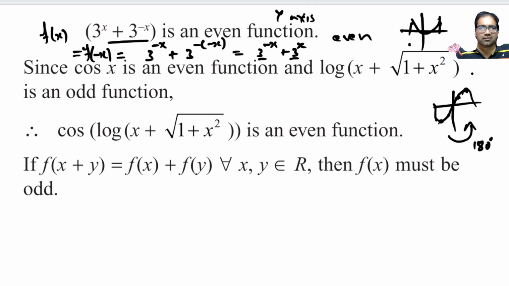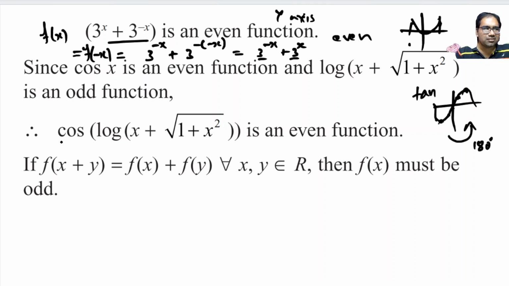For example, a sine curve, if you flip it 180 degrees, you will get the same curve. Tan curve also. If you flip your notebook or the paper on which this graph is drawn, rotate the paper 180 degrees, you will still get the same graph. So the first one is clearly an even function.